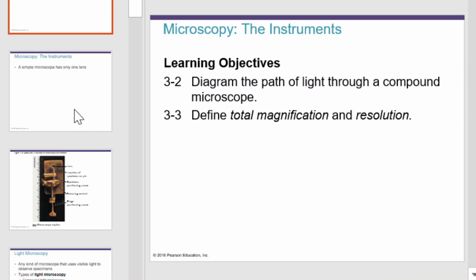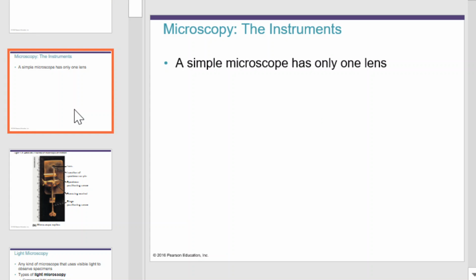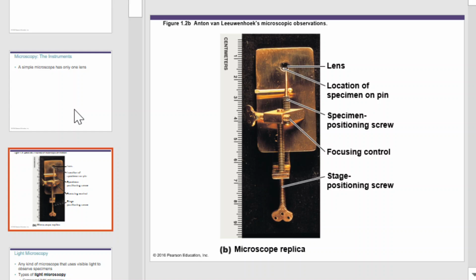We'll begin today by first examining the microscope. The microscope is a simple instrument that has very humble beginnings. A simple microscope has just one lens and at one time in our history looked literally like a rudimentary magnifying glass.